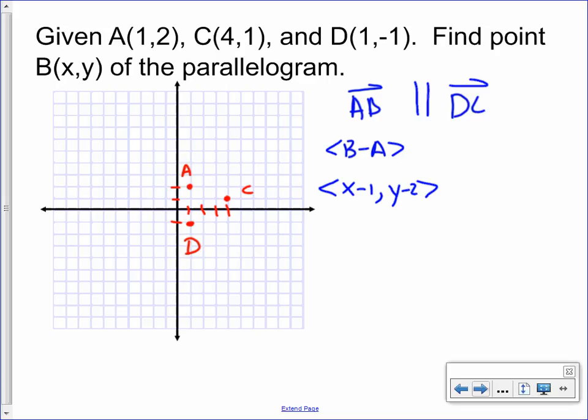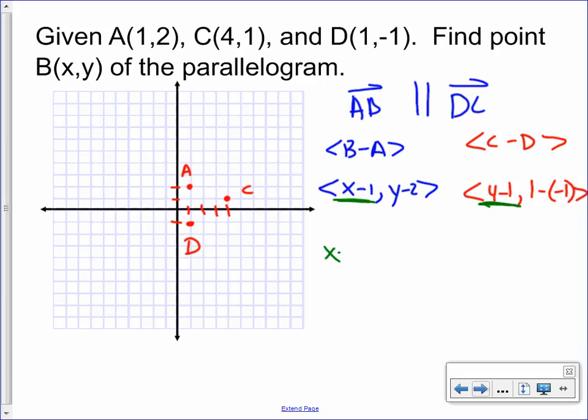Whereas DC has to be C minus D, right? Okay. And that would be 4 minus 1, comma, 1 minus -1, like so. True? And if you equate the components, this has to equal this.